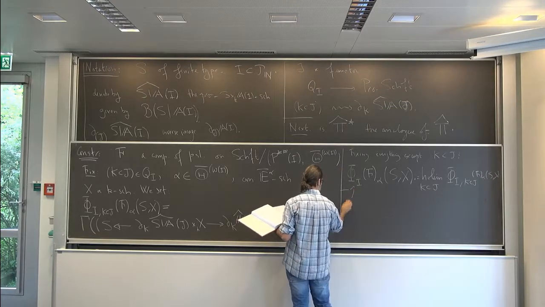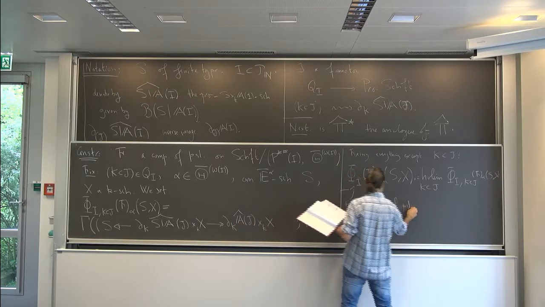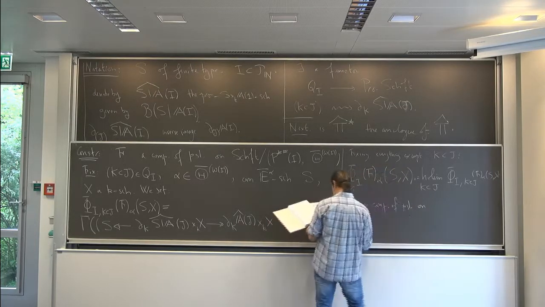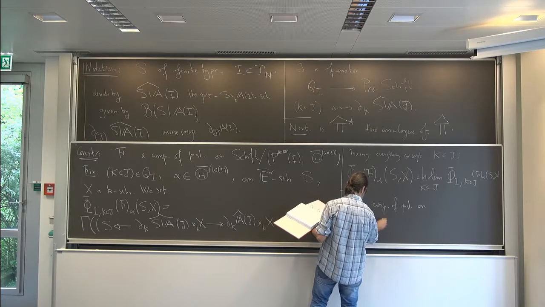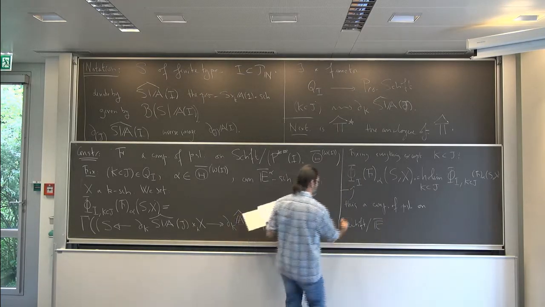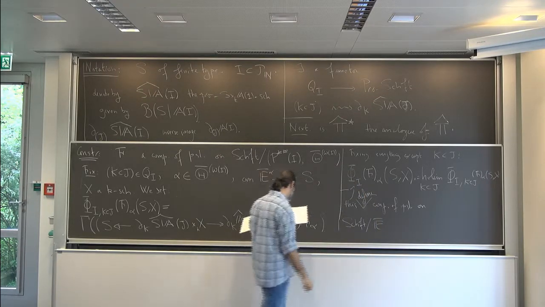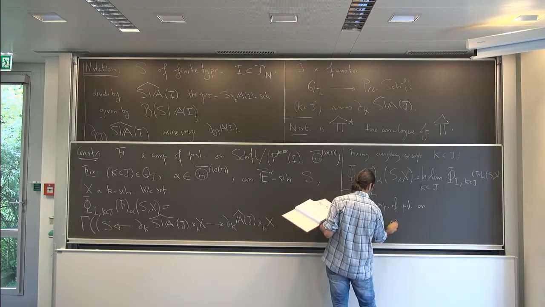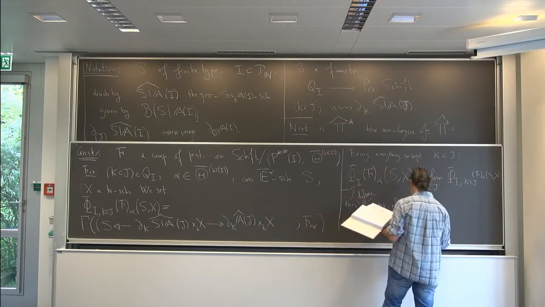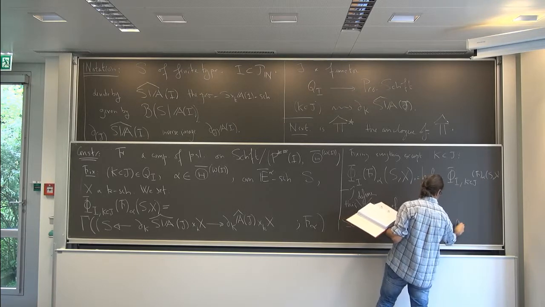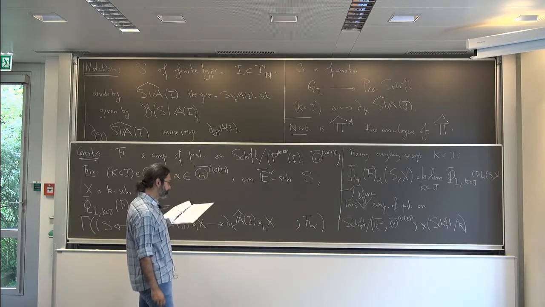This is a complex of presheaves on a product category, namely the category of finite type schemes over E bar times schemes of finite type over K, if we let S and X vary, and alpha.